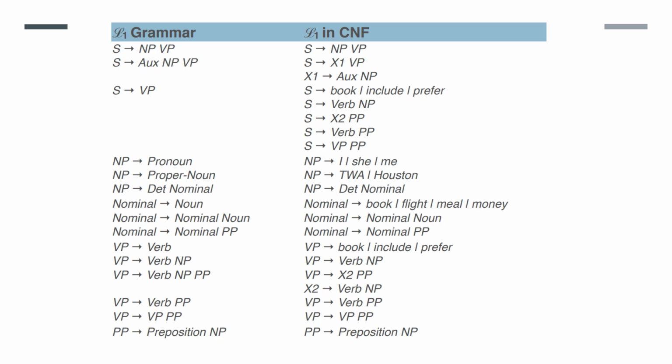So to convert the grammar into CNF form, first you need to identify all the rules which have more than two non-terminals in the right hand side part. So if any of my rules has more than two non-terminals, like this one.